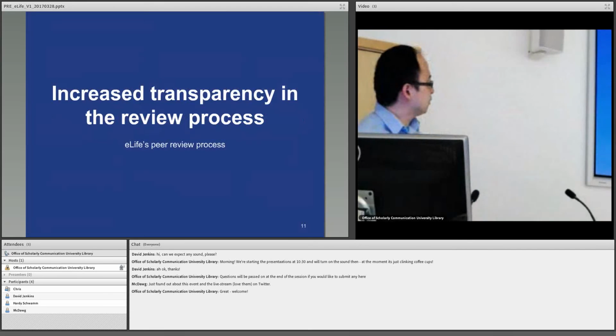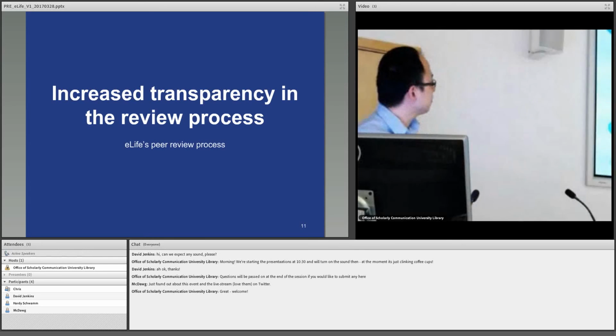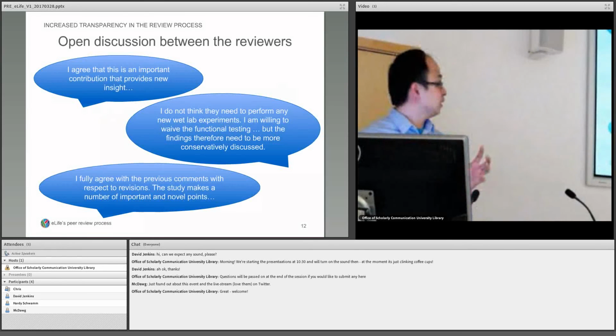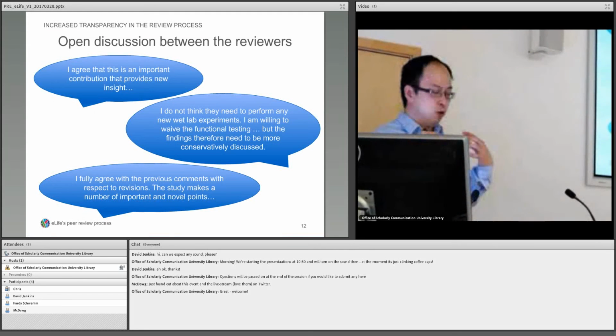So how are we trying to innovate? By increasing transparency in the peer review process. One of the most interesting parts of the peer review process at eLife is the open discussion between reviewers.